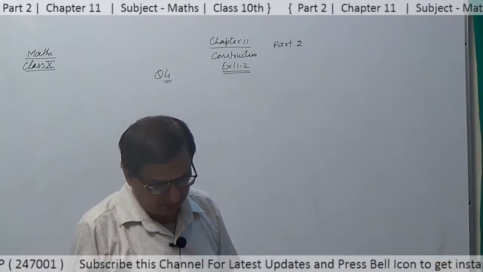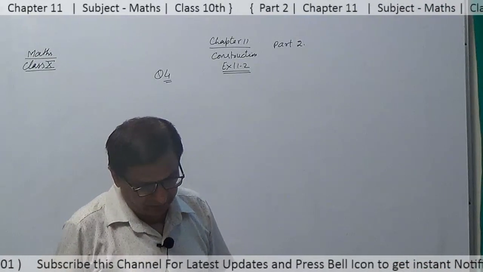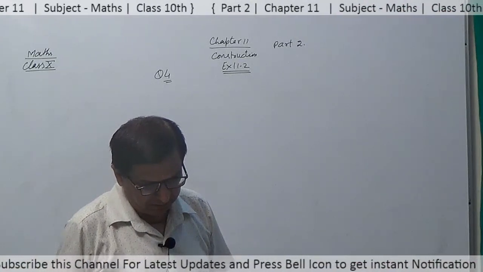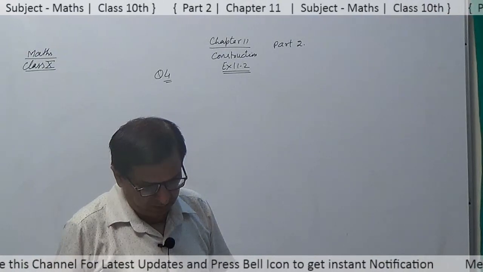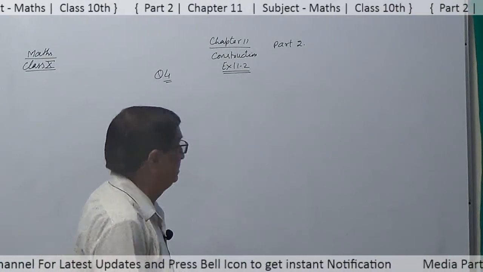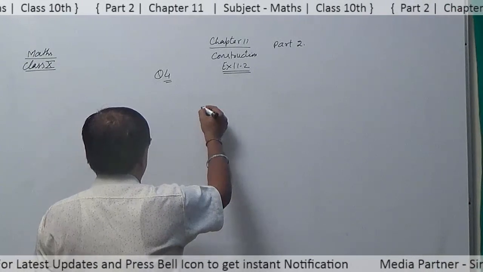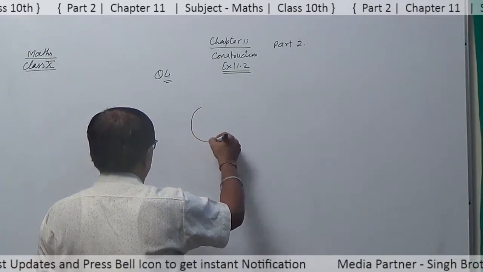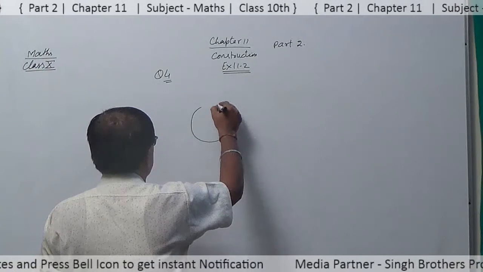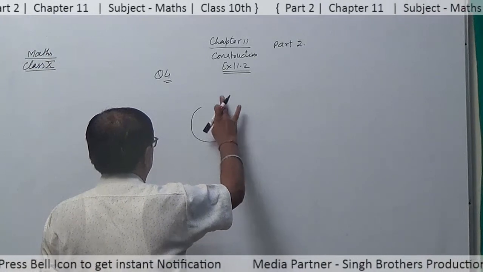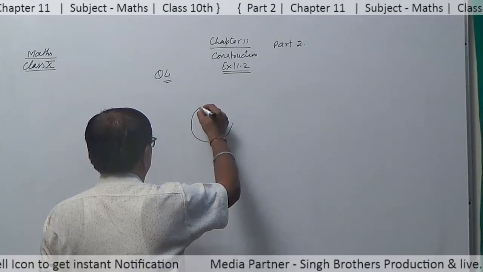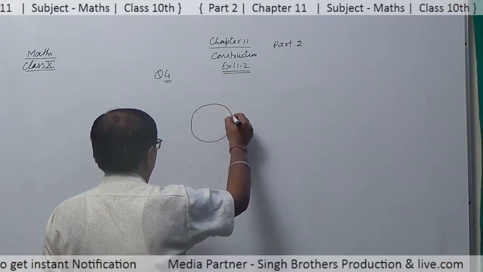Draw a pair of tangents to a circle of radius 5 centimeter which are inclined to each other at an angle of 60 degrees. This is a circle of radius 5 centimeter.